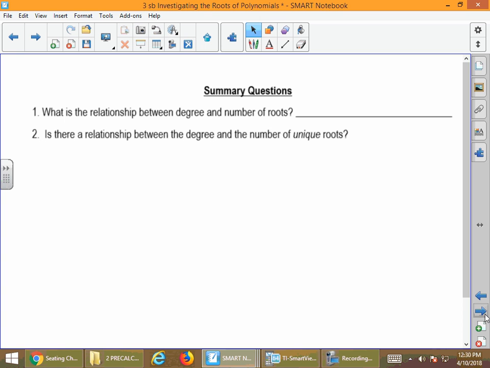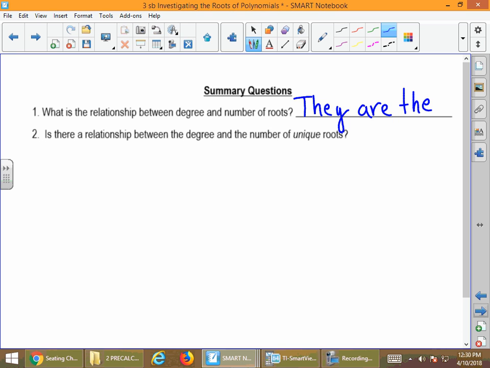Well, what is the relationship between the degree and the number of the roots? They are the same. It says, is there a relationship between the degree and the number of unique roots? So that means each separate root, no repeats.